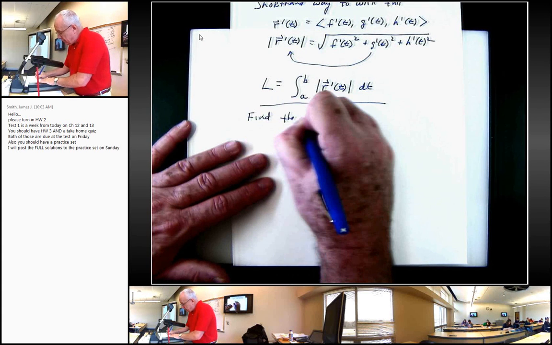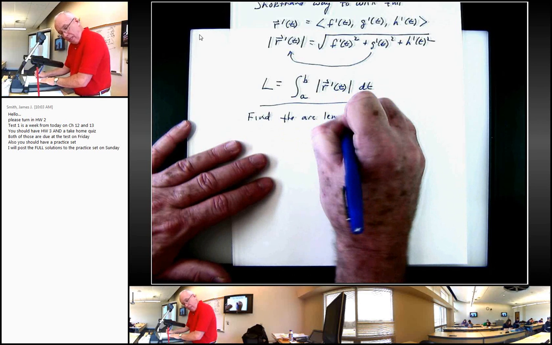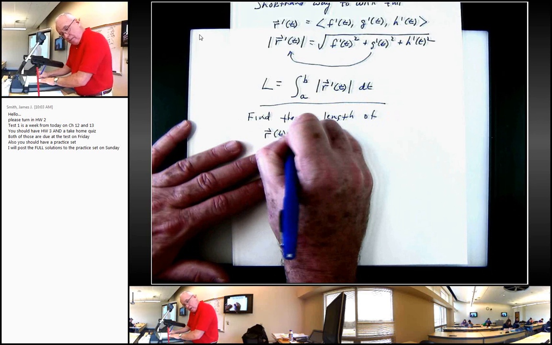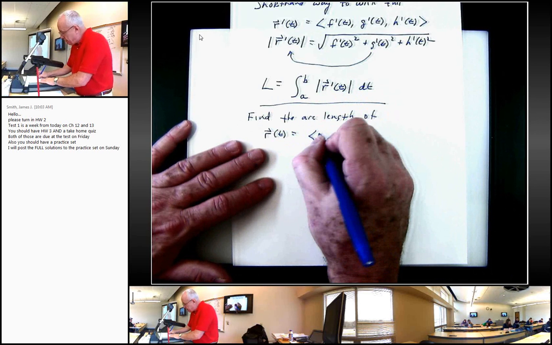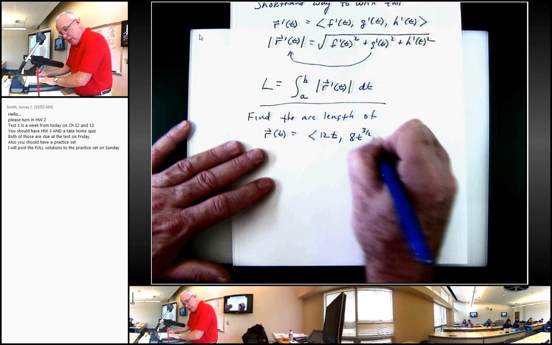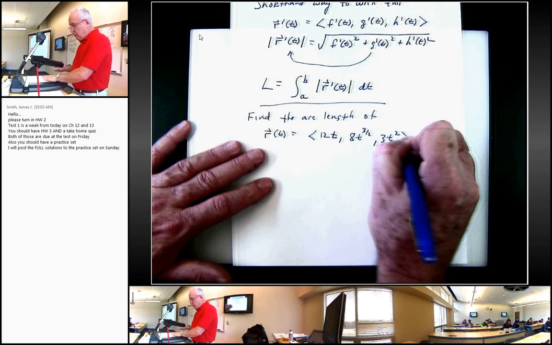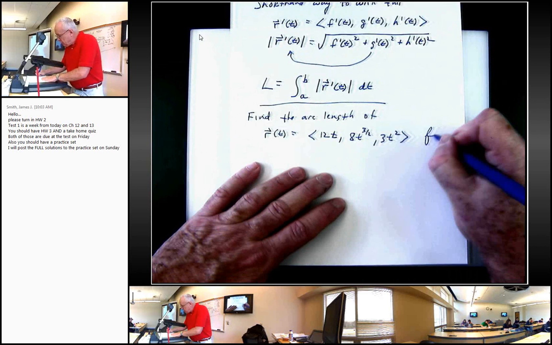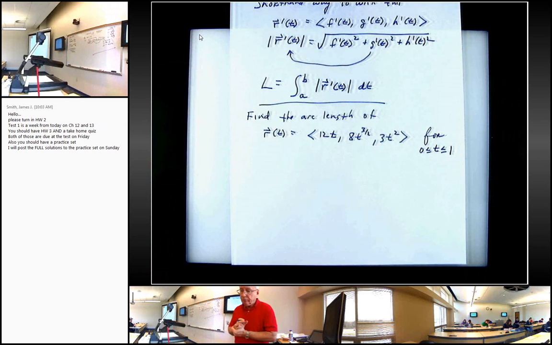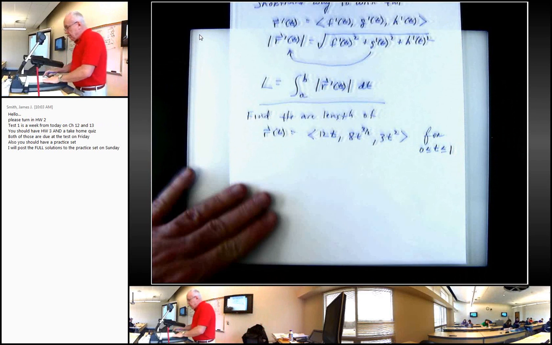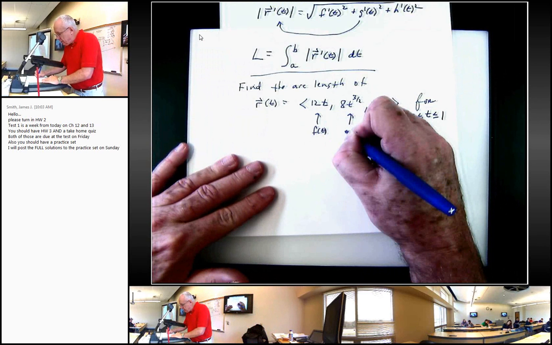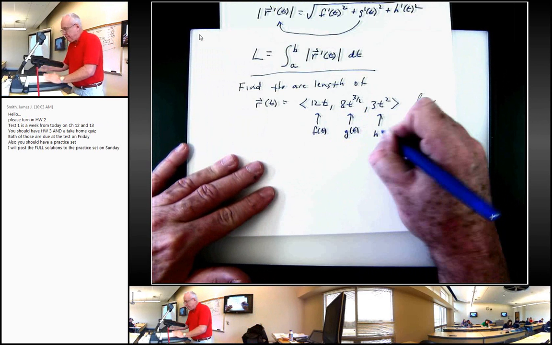Find the arc length of this space curve, given by r of t equals 12t, 8t to the 3/2, and 3 times t squared, for t going from 0 to 1. So this is our f of t, this is our g of t, and that's our h of t. All right?